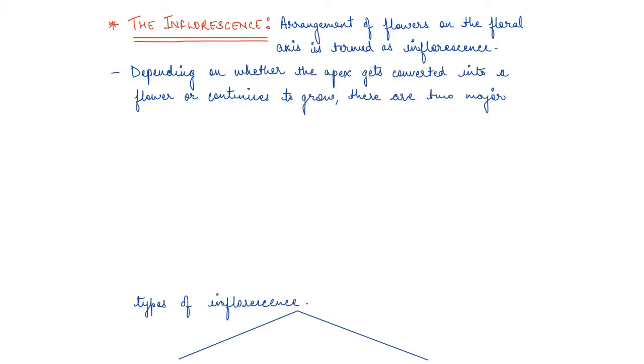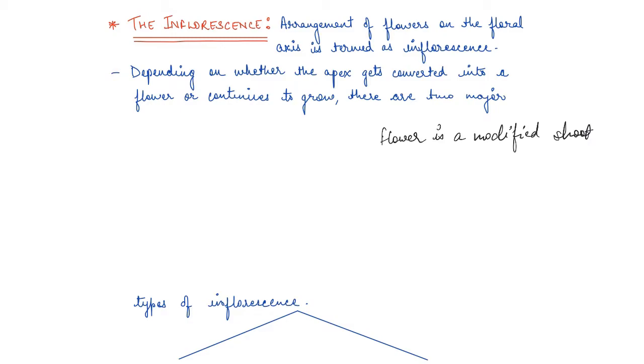So, as we all know that flower is nothing but a modified shoot. What is flower? Flower is a modified shoot. So what happens is that the shoot apical meristem changes to floral meristem, right?